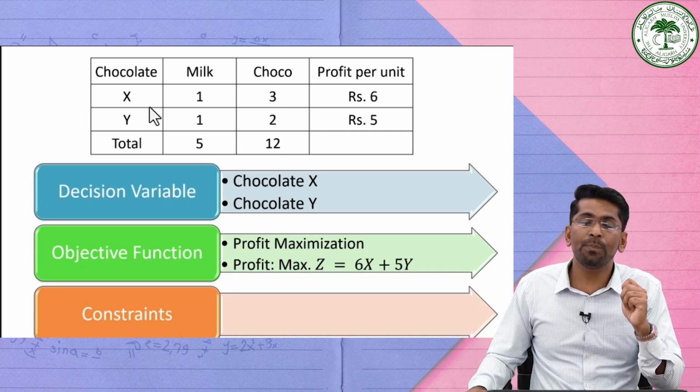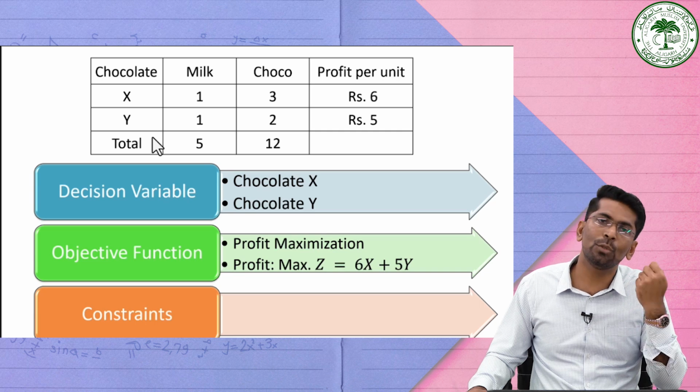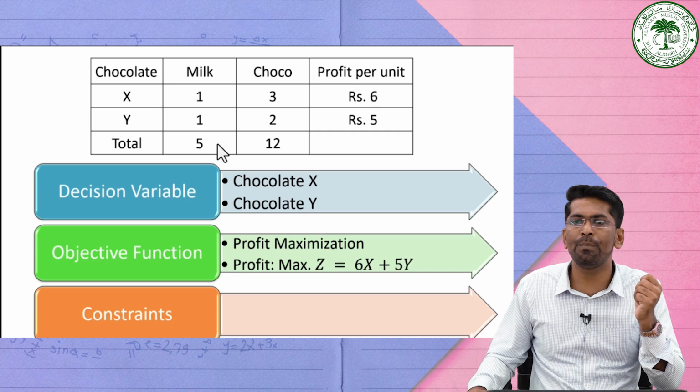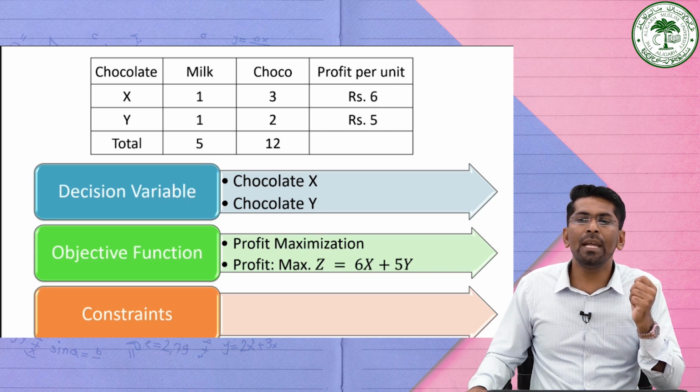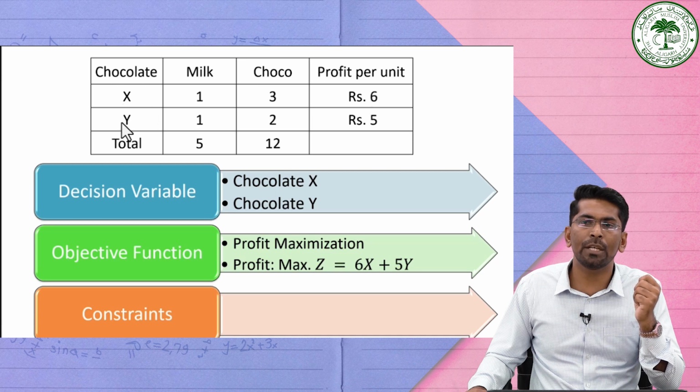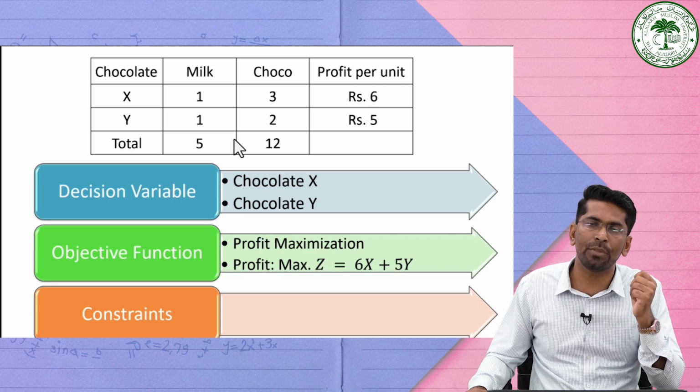So here, especially for producing chocolate X and Y, so as to maximize the profit by the producer. But the availability of the resources like milk and choco required for the production of both chocolates is very limited, which restricts the production capacity of the producer.